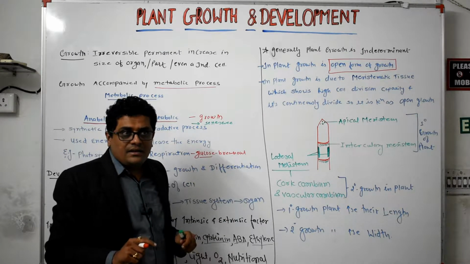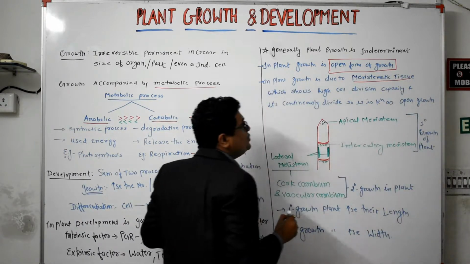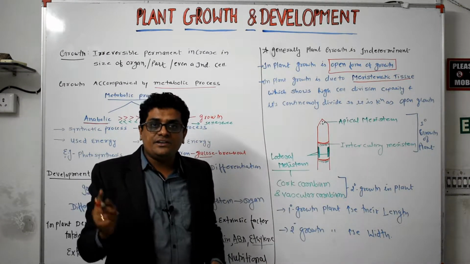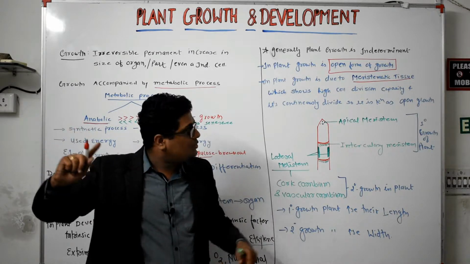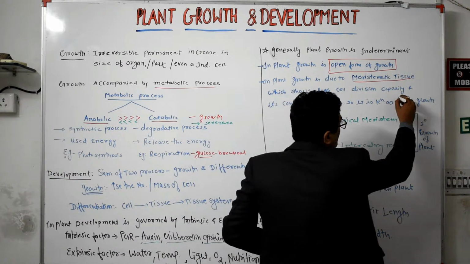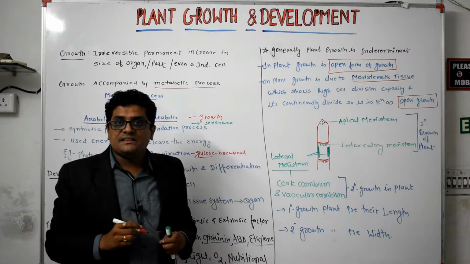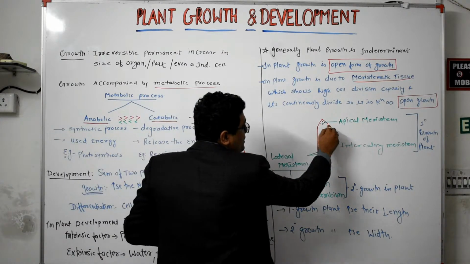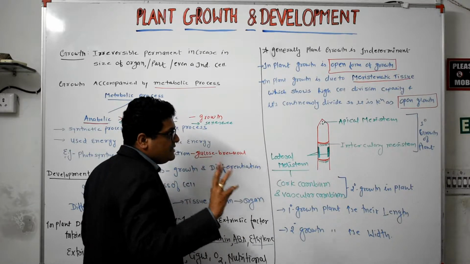We all know that plants have meristematic tissue, and this meristematic tissue has high cell division capacity. The cells continuously divide and add new cells, and it shows continuous growth. That's why it is called the open form of growth. Now as we discussed earlier in chapter 6, the plant possesses mainly three types of meristematic tissue.